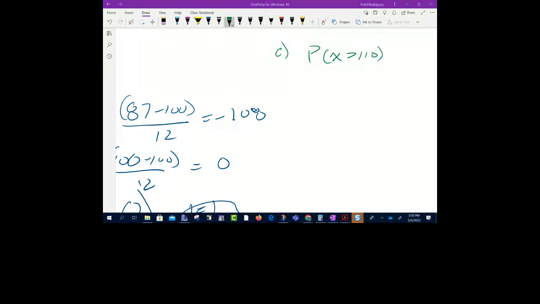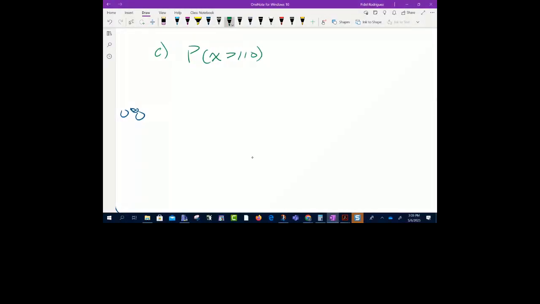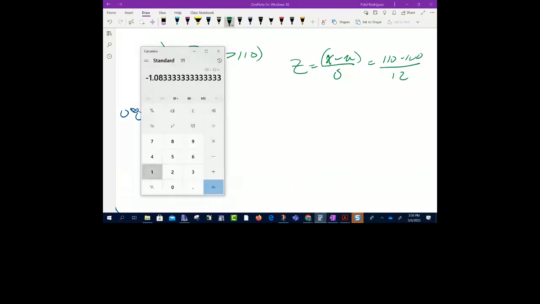All right, let me get rid of that. Okay, so again, y'all, I'm going to convert this to a Z-score. So we're going to go 110 minus 100 divided by 12. 0.83.